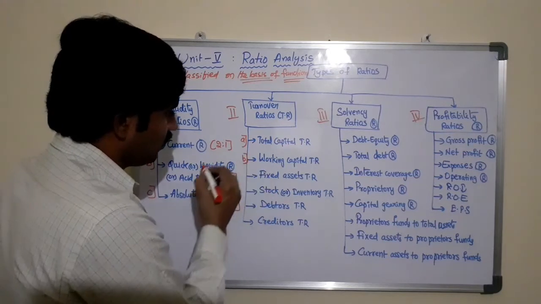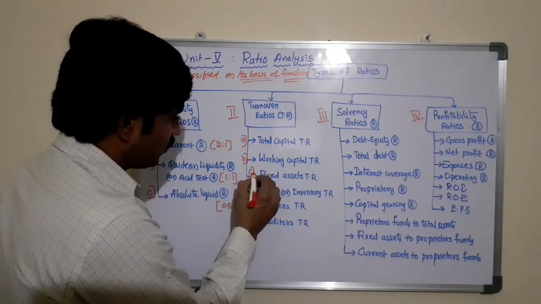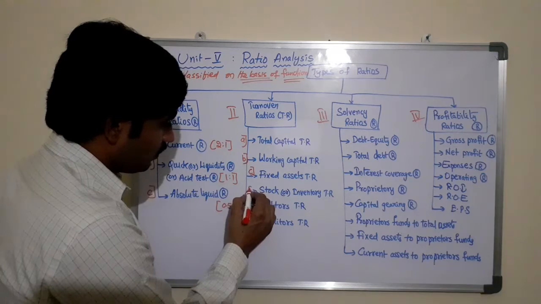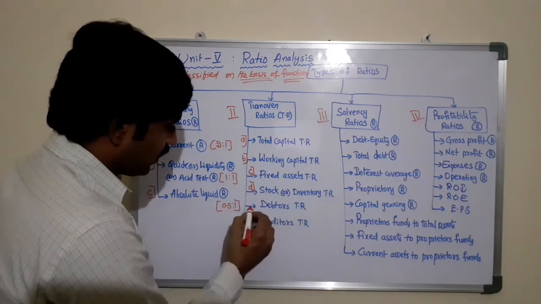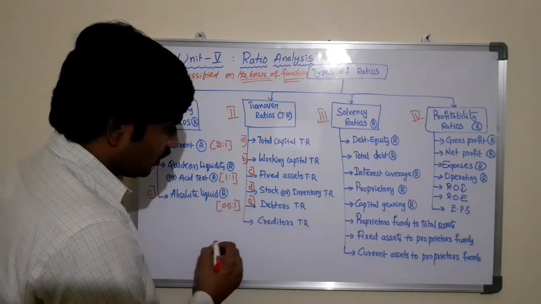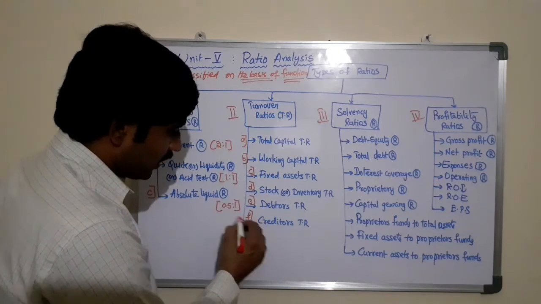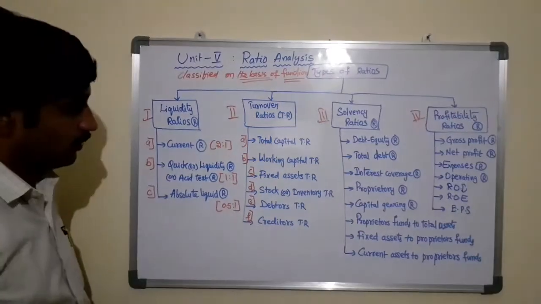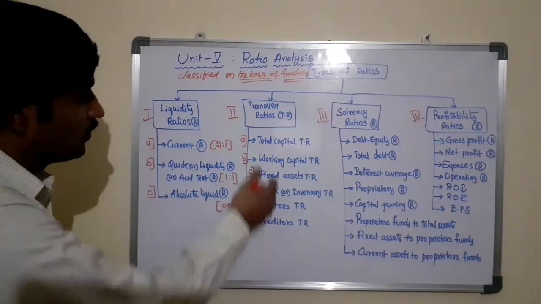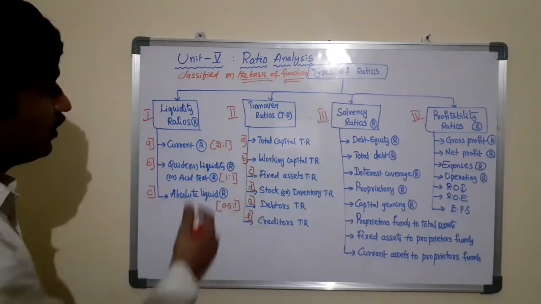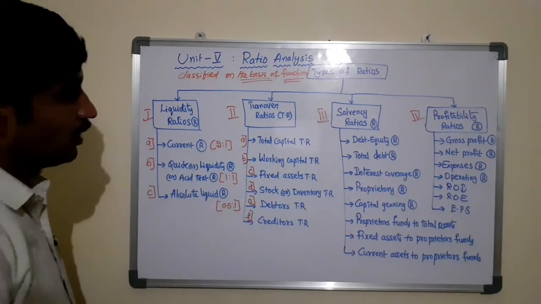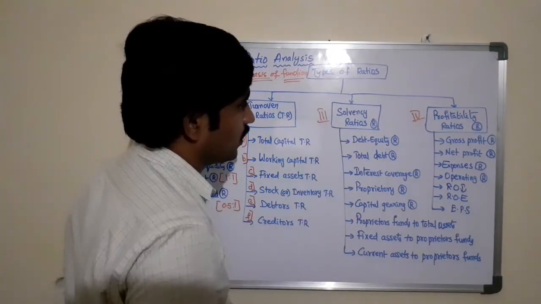turnover ratio, working capital turnover ratio, fixed assets ratio, stock or inventory turnover ratio, debtors turnover ratio, and creditors turnover ratio. So these are the ratios which are classified under the turnover ratios. And the third one is solvency ratio.